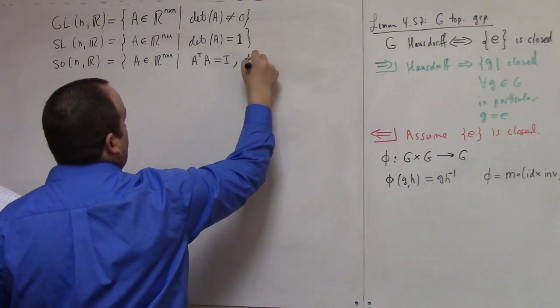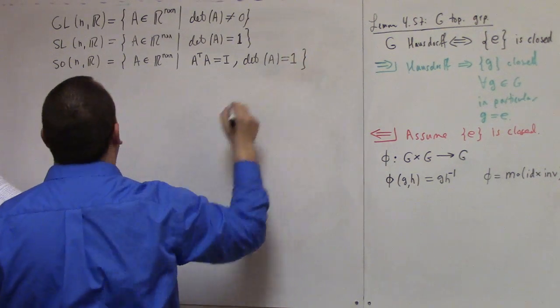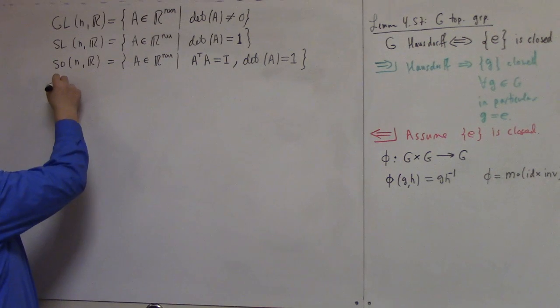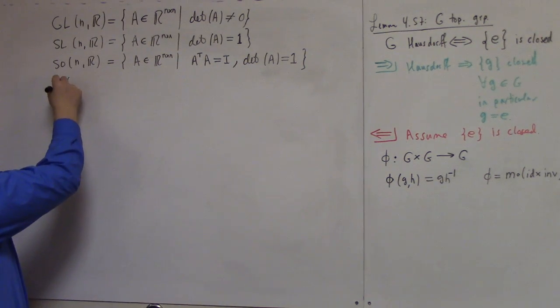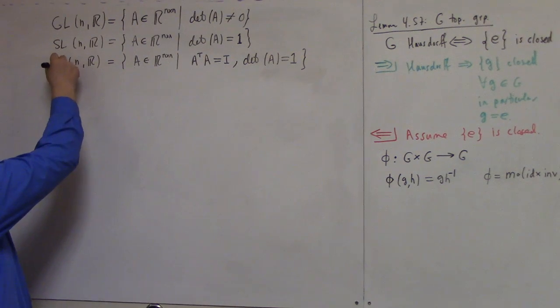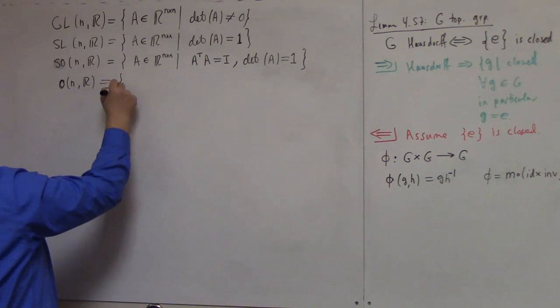And the determinant of A is equal to 1. If you peel off that determinant 1 condition, that gets you back to O n. These are all capitals, by the way. Don't miss these capital S, okay? O n. Same song and dance.